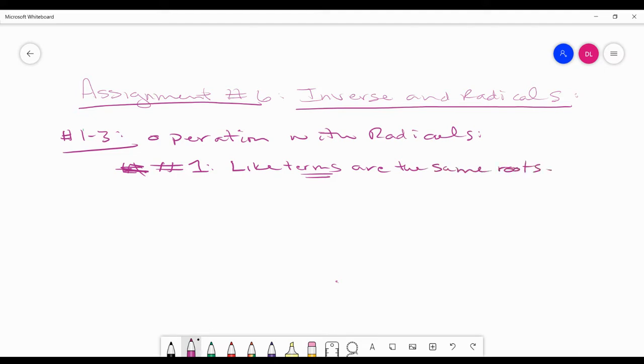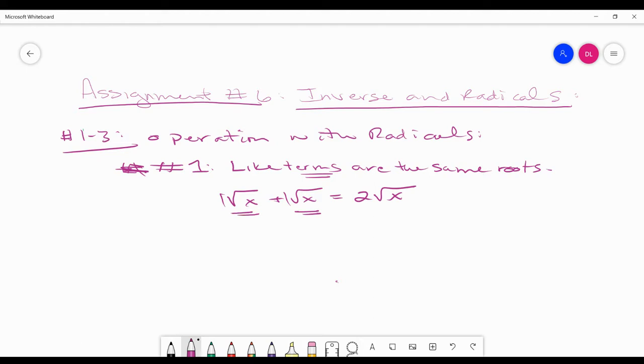In other words, you can only add the square root of x plus the square root of x, which is equal to 2 square roots of x, because there's that imaginary 1 here and that imaginary 1 there. How many square roots of x do I have? I have 2. So you can only combine when the roots are exactly the same.